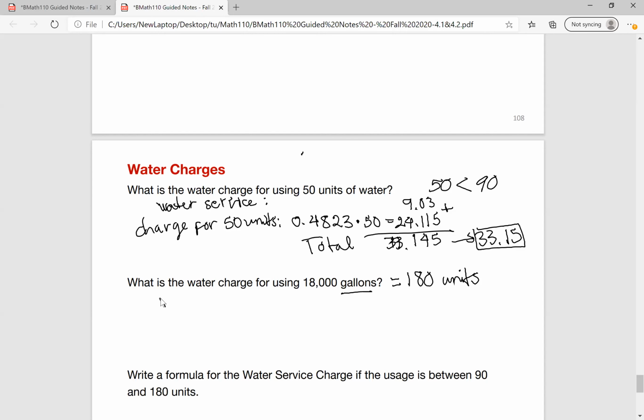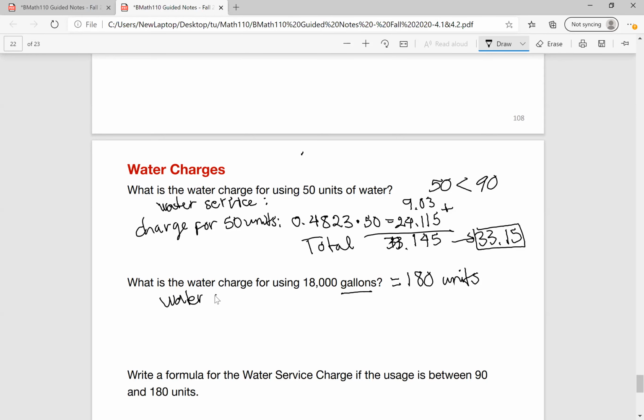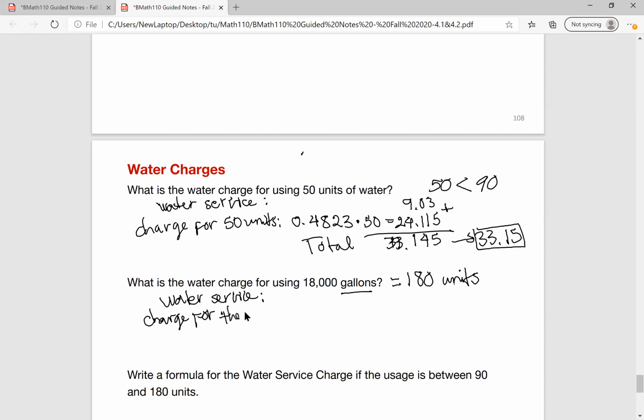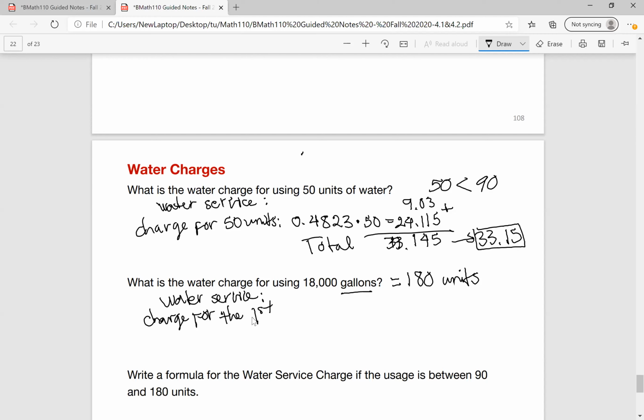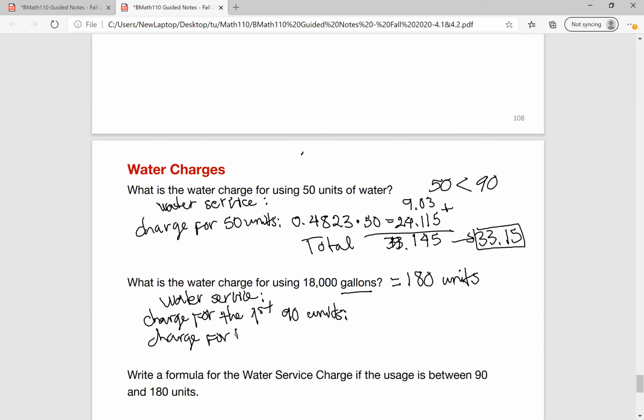So now you still have the water service, right? You have to charge for the first 90 units, and then charge for the second 90 units.